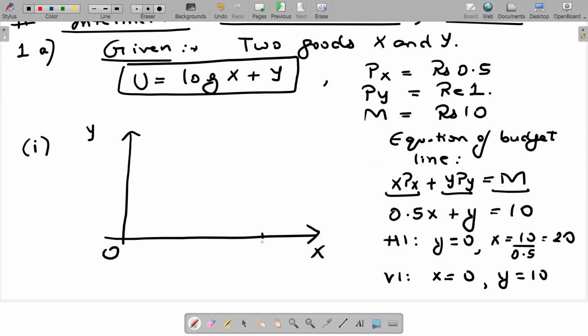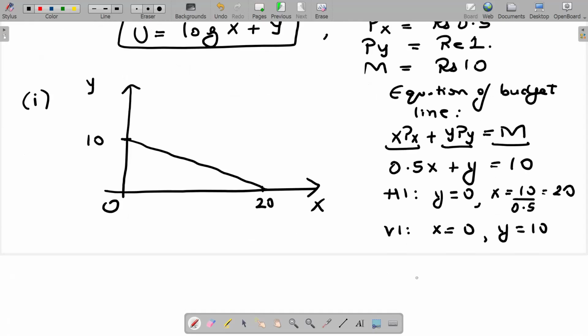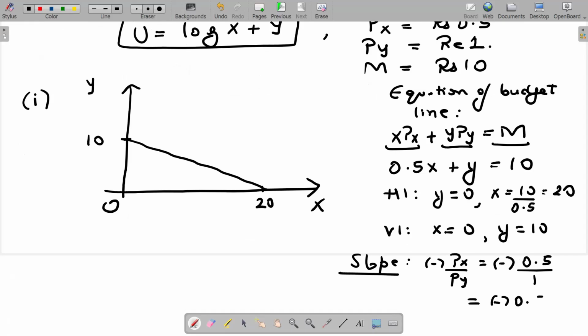So X is 20 here, a rough sketch I'm drawing, and Y is 10. Okay, this is going to be my downward sloping budget line. And the slope of the budget line is minus Px by Py. In this case, price of good X is 0.5 and price of good Y is 1. So the slope is negative 0.5.